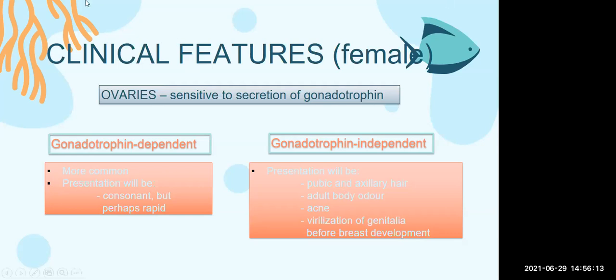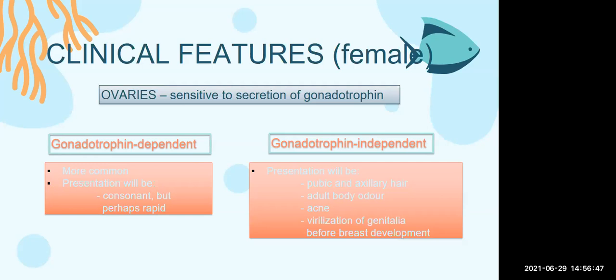Okay, so what are the clinical features that we can see in this patient? Firstly, in the females, the ovaries are sensitive to the secretion of gonadotropin. So more cases are seen in girls that are related to gonadotropin dependent because the ovaries are sensitive. So it is more common, and the presentation will be, as I mentioned earlier, consonant, which is sequential, but perhaps rapid.